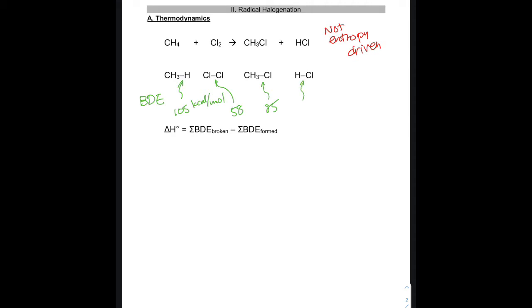And then finally, HCl, the byproduct of radical halogenation, or in this case, radical chlorination of methane. The byproduct of any radical halogenation is always hydrohalic acid, in this case, hydrochloric acid. And the bond between those two is worth about 103 kilocalories per mole.